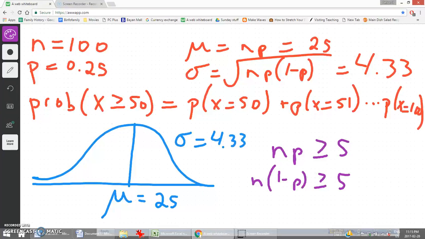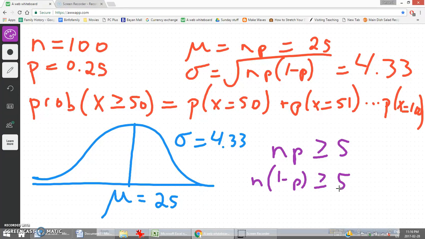So those are two calculations we need to do in order to make sure that our data is large enough to be able to convert it and have a probability that is relatively close.